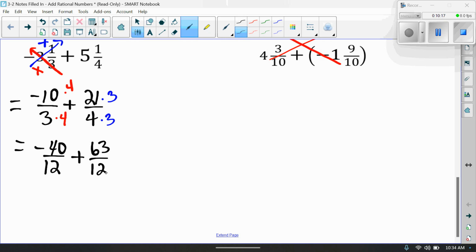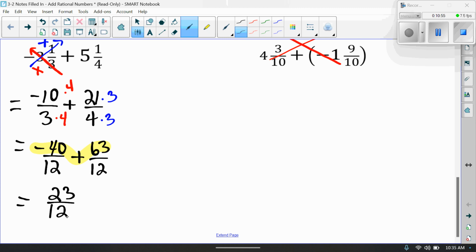Different signs, what do I do? Subtract the digits and take the sign of the larger number. When we're adding fractions with common denominators, you're only looking at the top, right? So, what is 63 minus 40? This is going to be equal to 23 over, and the denominator stays the same, so that's a 12 down there.